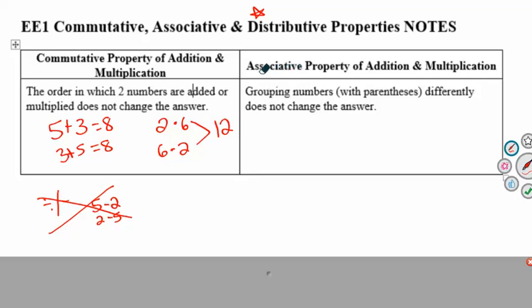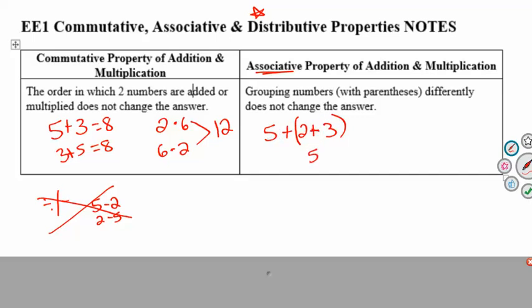Okay, the associative property, this is still looking at addition and multiplication and how we add and multiply, but it's with grouping symbols, so it will have parentheses there. So let's just say I have the exact same numbers. If I say I have 5 plus 2 plus 3, and I put my parentheses here, I would follow order of operations, so I'd have to do the parentheses first.